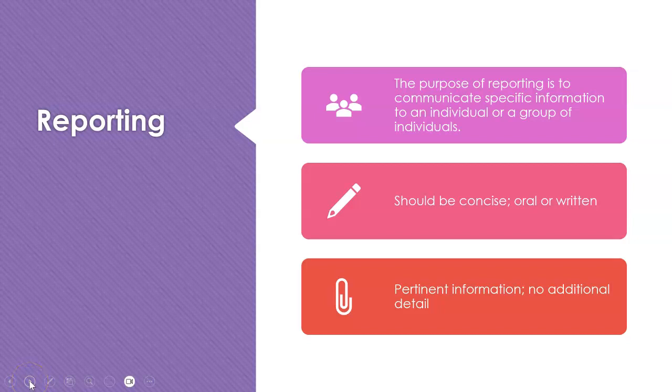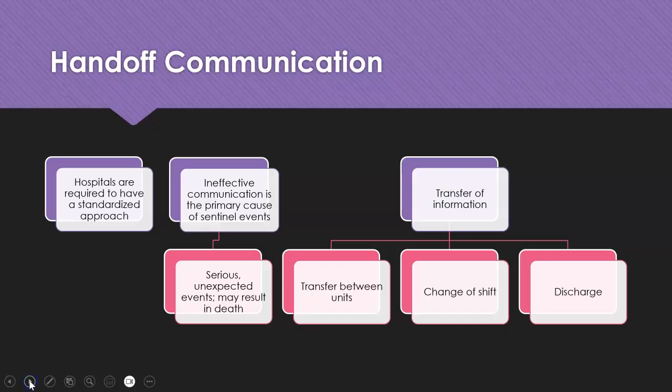So, when you do a handoff communication, that means that you're handing off to the next shift, or you are transferring a patient to another floor or something like that. And they are records so that people can promote continuity of care.